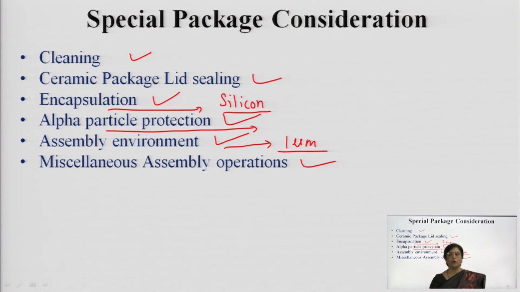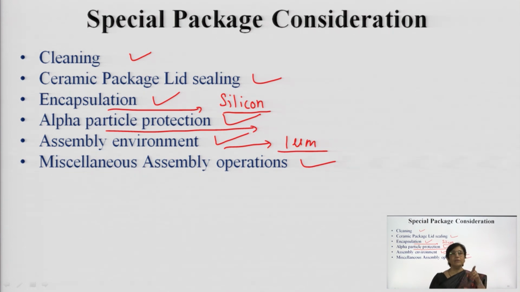These miscellaneous operations include leakage test, electrical test, then you need component marking systems, and lead scanning, basically for quality check, then handling the IC packages through the electrical testing, and moisture measurements which are to be carried out.